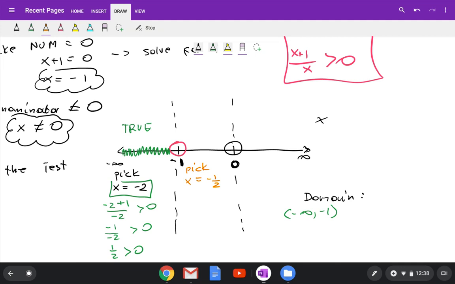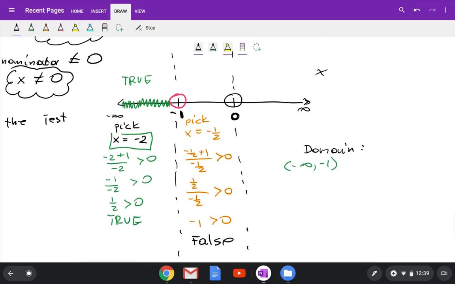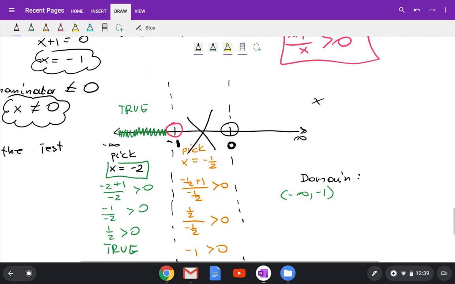We have -1/2 plus 1 over -1/2, and I'm checking if this is greater than 0. So we're getting 1/2 divided by -1/2. That will give me -1, and -1 is not greater than 0, so this is false. Since this is false, that's not my domain.